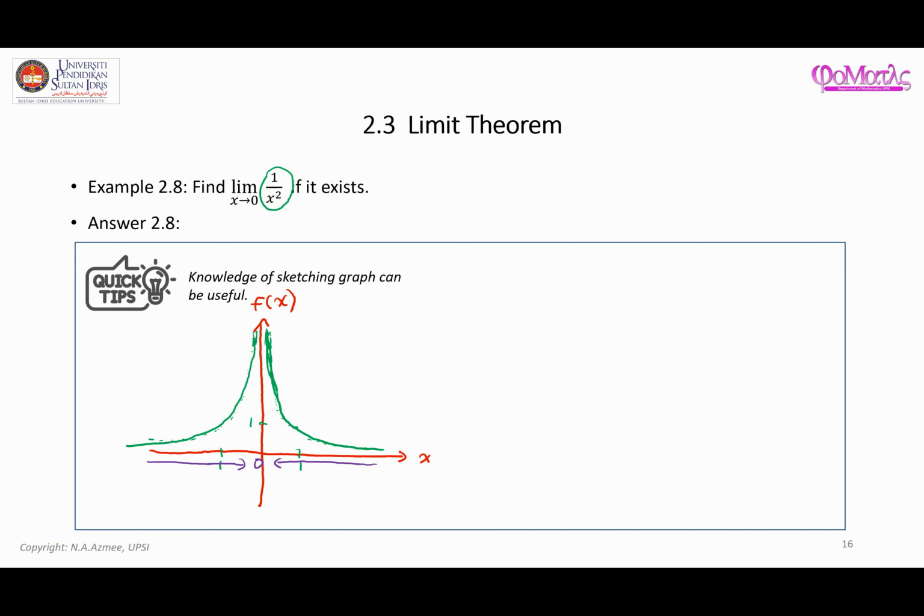Now we are going to use the definition of one-sided limit. We can say that the limiting value of this function when x approaches 0 from the left direction is going to be, well, you can see that our function is going upwards and forever extending upwards, so it's equal to infinity.